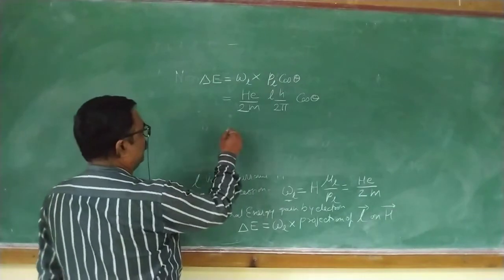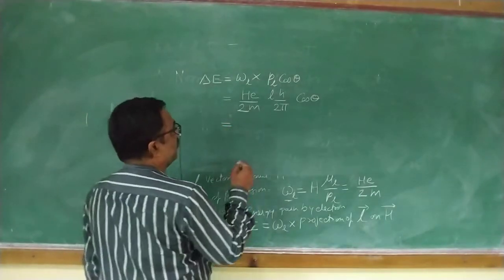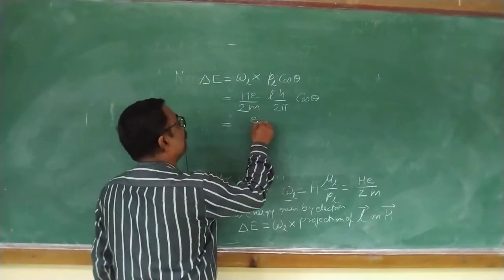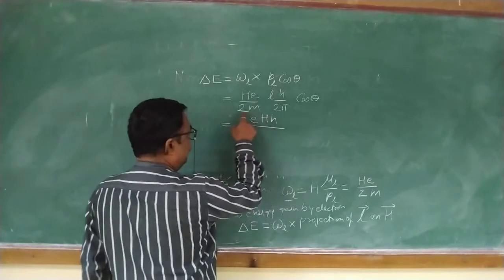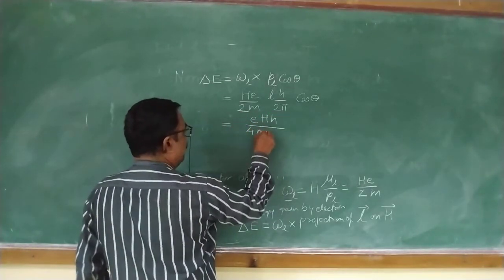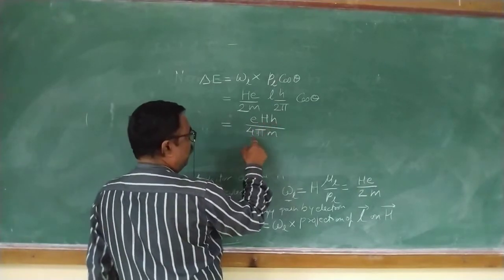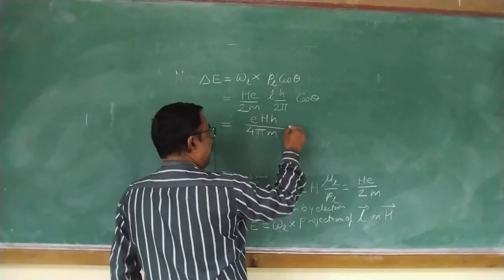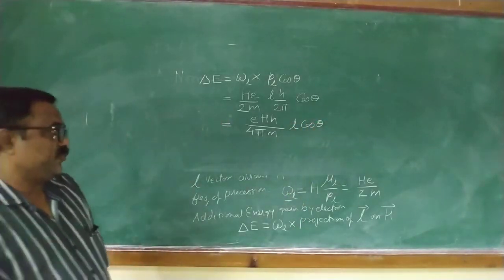Now we will just rearrange the terms. We put e first, capital H, small h, divided by 4 pi m: e H h by 4 pi m, L cos theta.